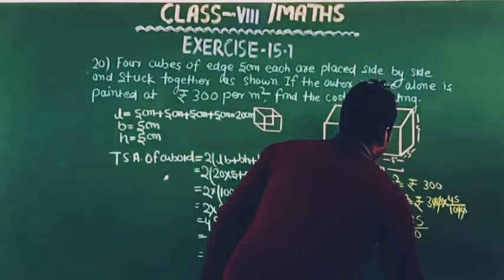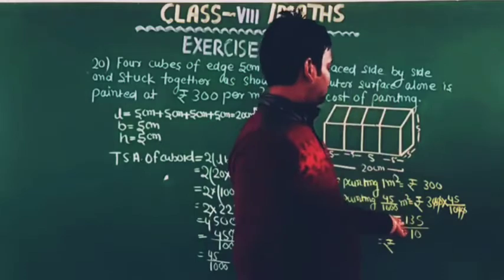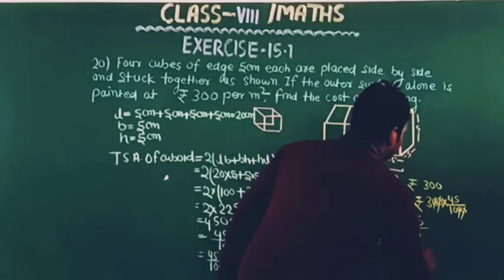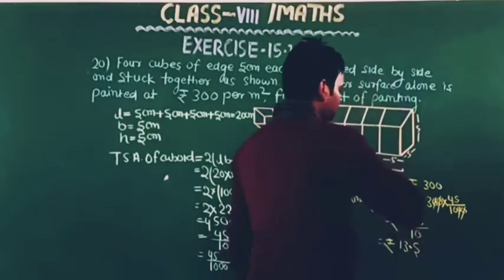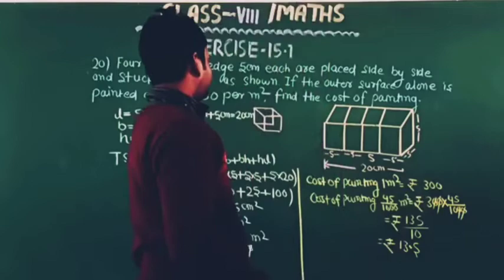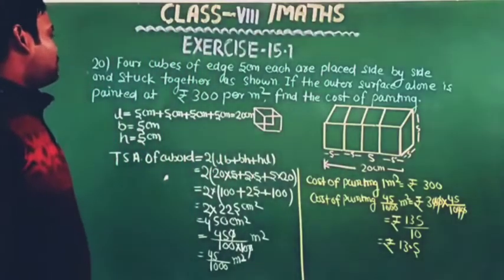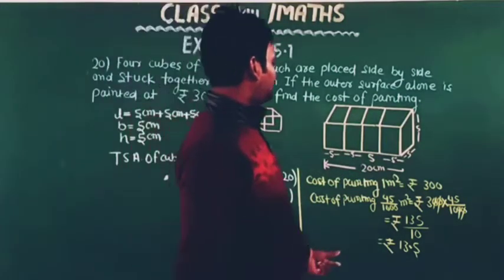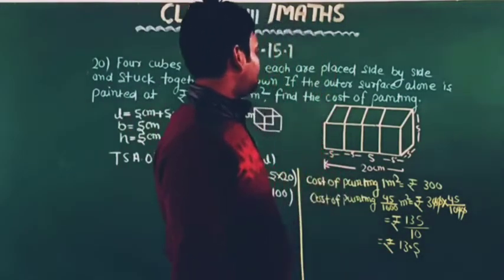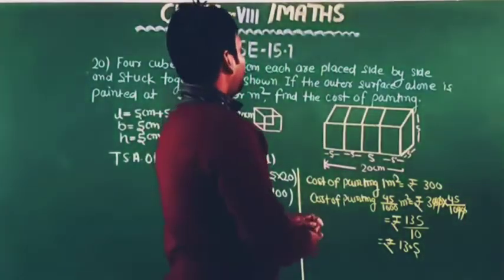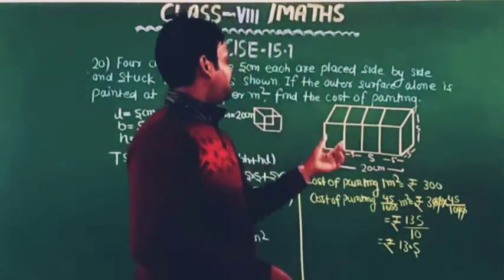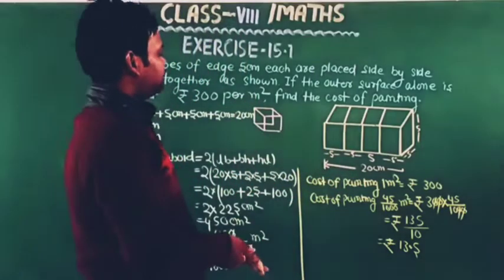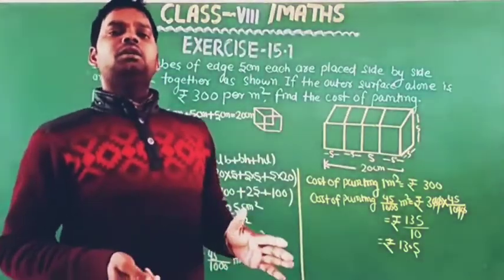Dividing 135 by 10, we get 13.5. The total cost of the painting is equal to 13.5 rupees for this figure made by joining 4 cubes of 5 centimeter end to end.